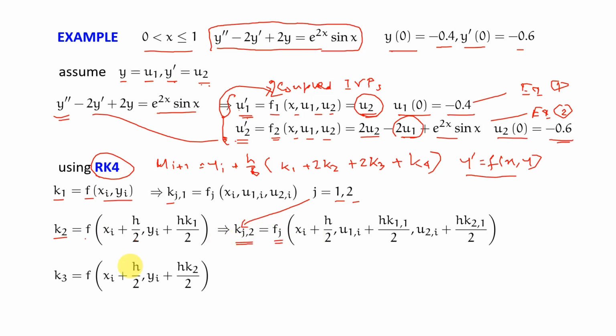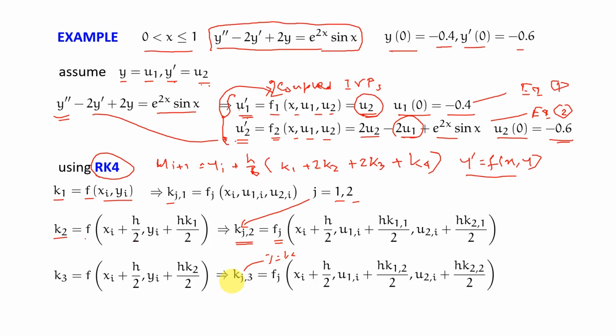Similarly, we can calculate k3, which for y prime equals f(x, y) has the form f(xi plus h by 2, yi plus h k2 by 2), and then kj3, where once again j goes 1 and 2, 1 for equation 1, 2 for equation 2.